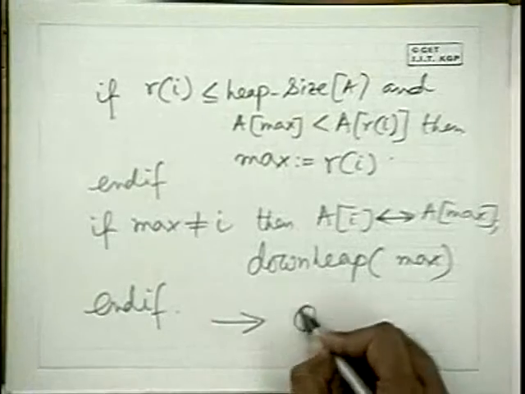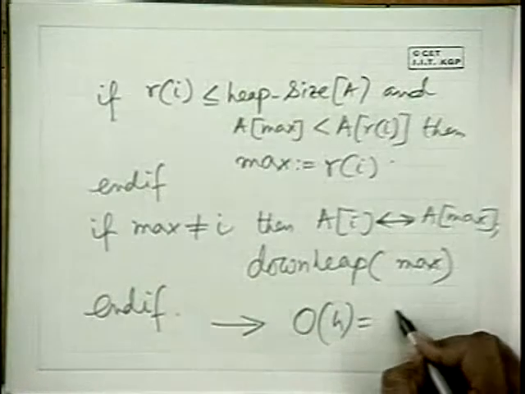For each down heap call, you are going down by one level, and total height is h, so you cannot call more than h down heaps, and each down heap is a constant time affair. So the complexity of the entire algorithm is guided by the total number of down heap calls, which is order of h, and I already showed that h is order of log n.